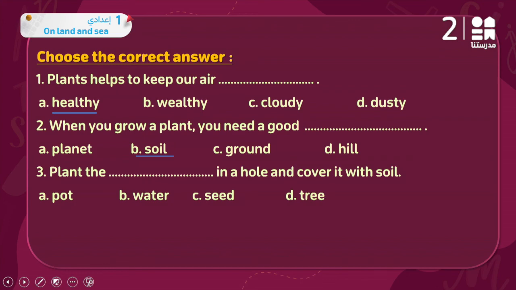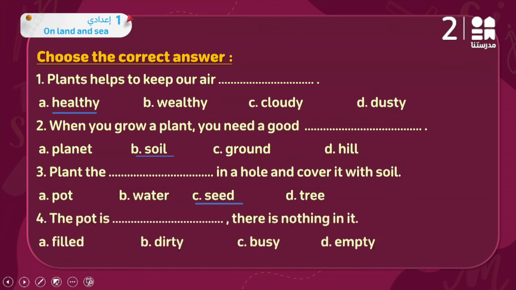Plant the A in a hole and cover it with soil. We said you have to make a small hole in the soil and put the A and cover it with soil. Of course, to put pot, water, seed or tree. Of course, you have to put the seed.